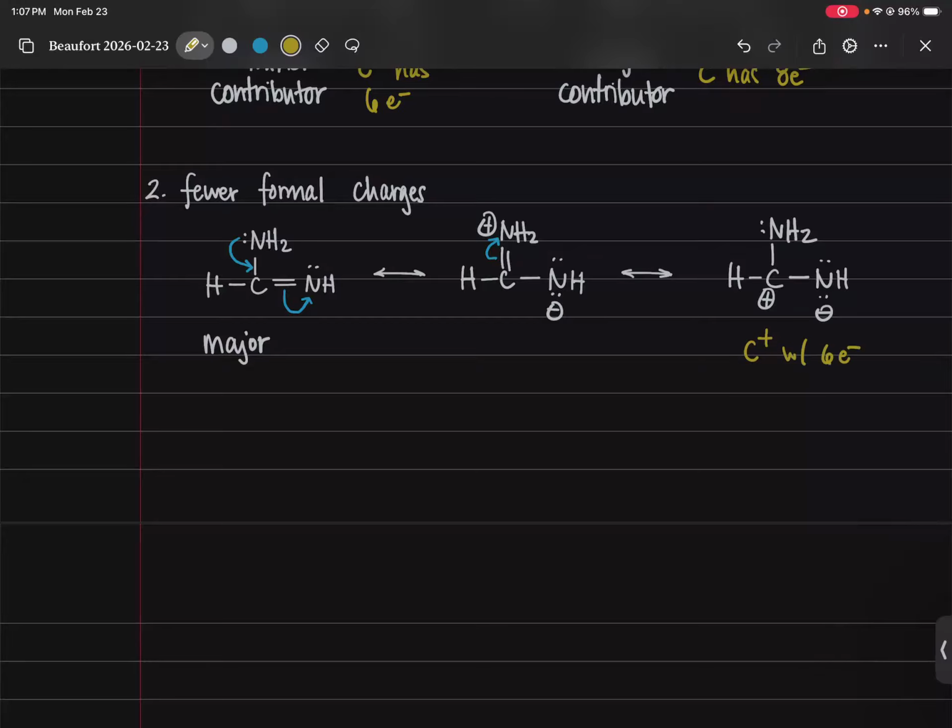And so deciding between structures 2 and 3, or middle and right, the one on the right is going to be the smallest or most minor contributor because it breaks both of the rules. And then that one kind of fits somewhere in the middle.